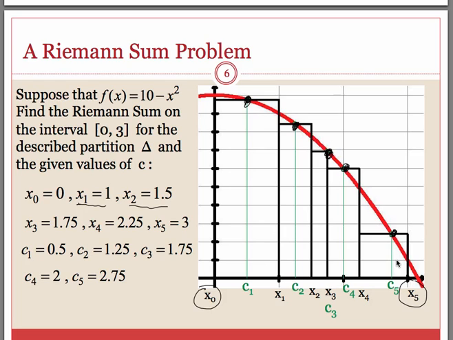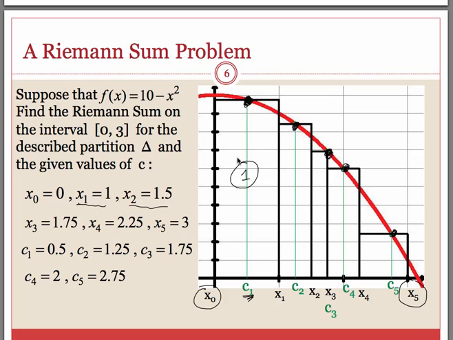So this first rectangle right here, we know the width is going to be 1. For the height of the rectangle, we need to substitute the c1 value into the 10 minus x squared equation, and that's going to enable us to find the height.